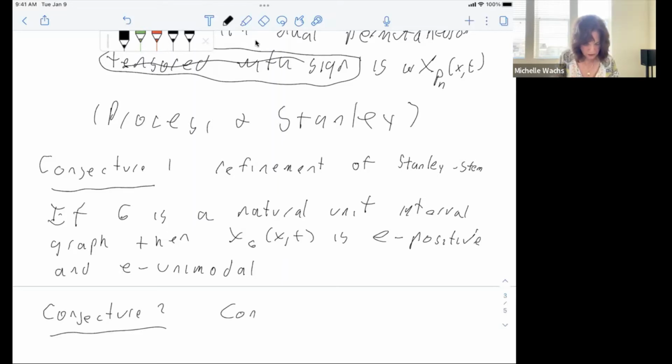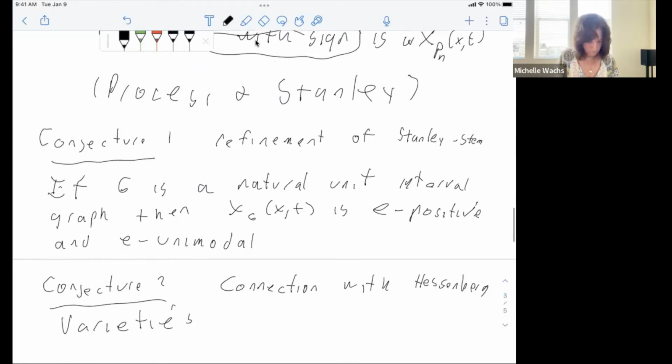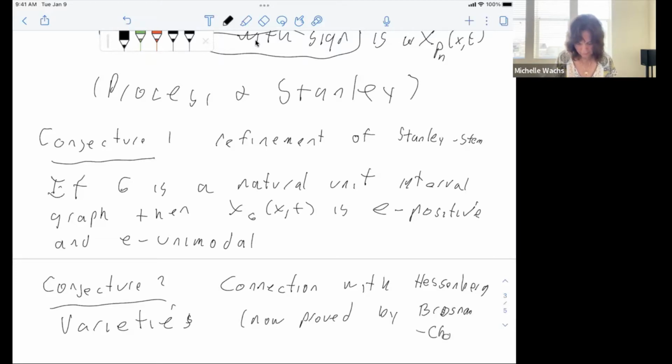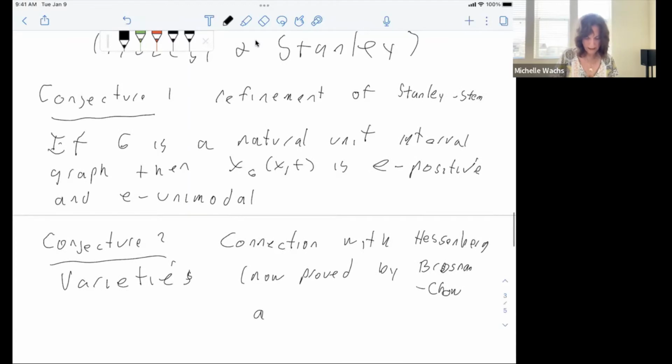And that was the connection with Hessenberg varieties that John talked about in his lectures, and that's now proved by Brosnan and Chow and Gay-Paquet.